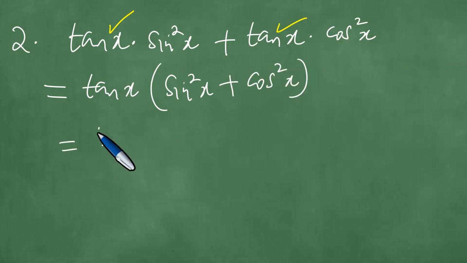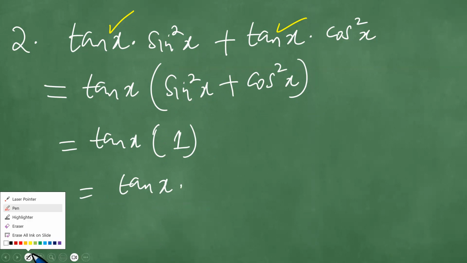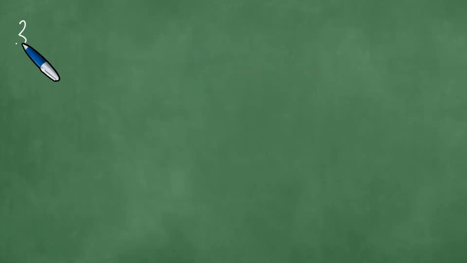What is sine squared plus cosine squared? The result is 1. And therefore, tangent of x by 1 is the tangent of x, and that is the result. So we're good. Let's look at the next problem, number 3.